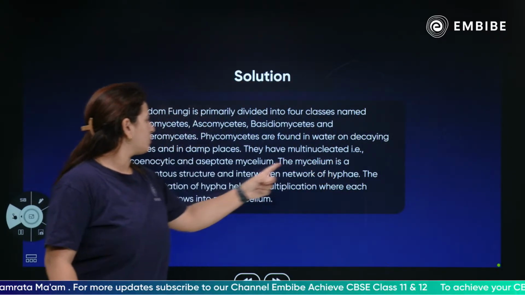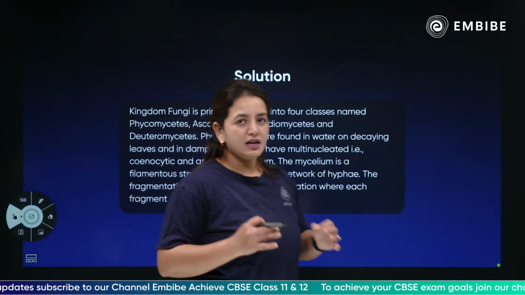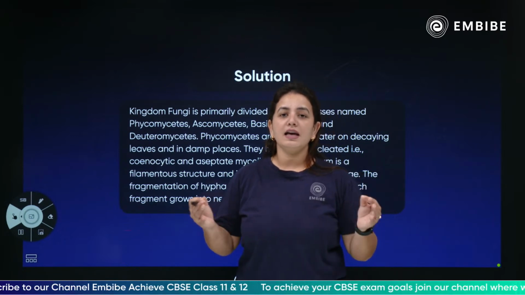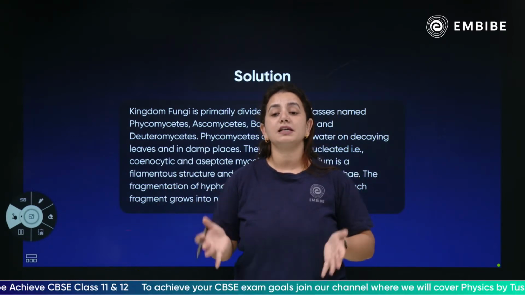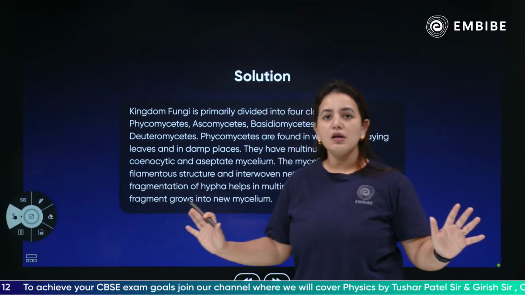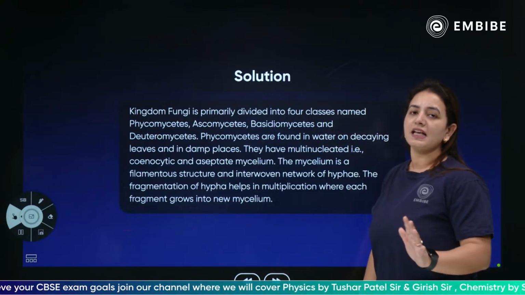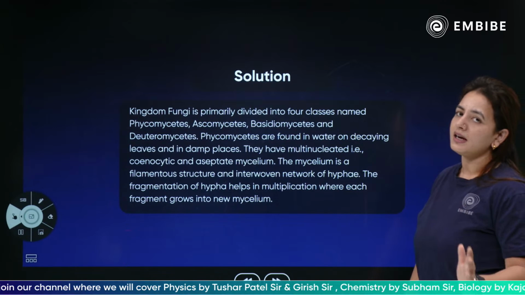They are multinucleated, that's why they have syncytial aseptate mycelium. It is obvious that if a fungus has a syncytial mycelium, the mycelium would be aseptate, there will be no division.